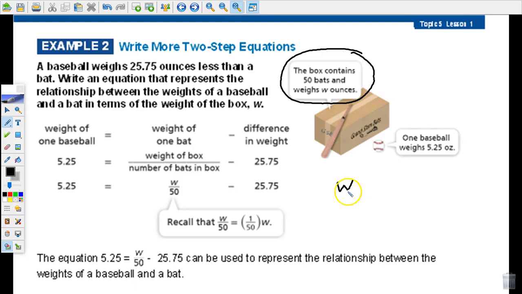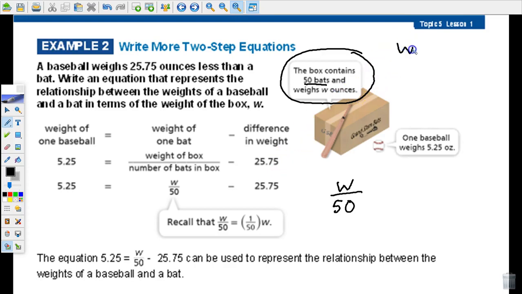To find out how much one bat weighs, we would do W divided by 50, because there's 50 bats in the box. The box weighs W, an unknown amount, and there's 50 bats in there. So we do the weight W divided by 50, and that will give us the weight of one bat.